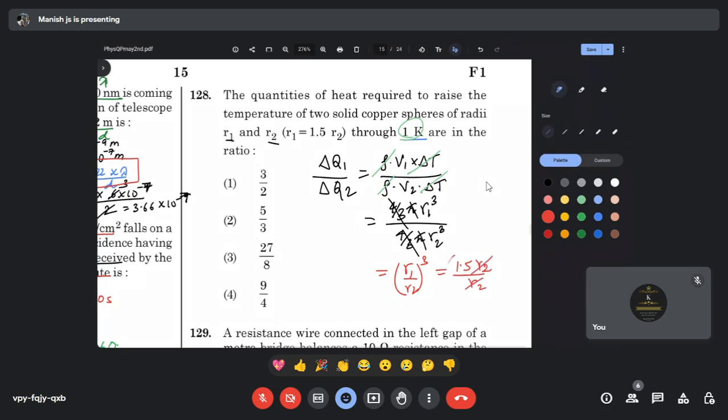R2 cancels, whole cube. 1.5 can be written as 3 by 2 in fraction. 3 by 2 the whole cube. So how much is 3 by 2 the whole cube? 3 cube is 27 and 2 cube is 8. So the ratio turns out to be 27 upon 8, which is option 3. So the third option is correct.